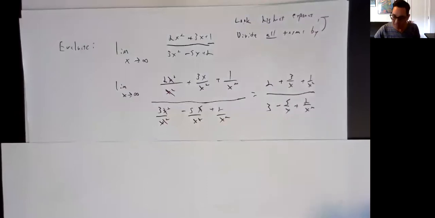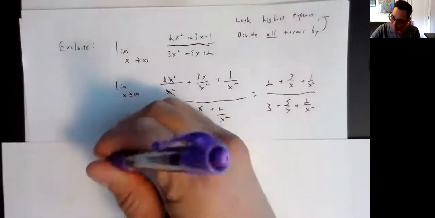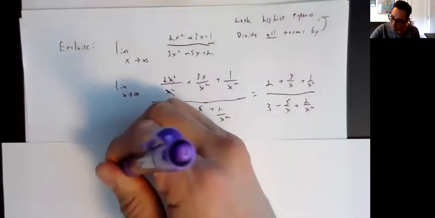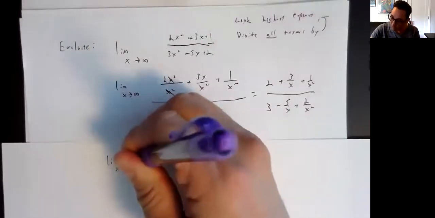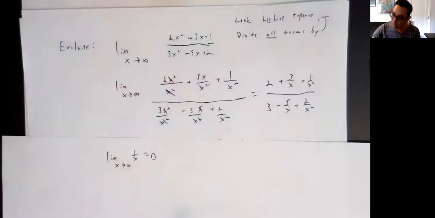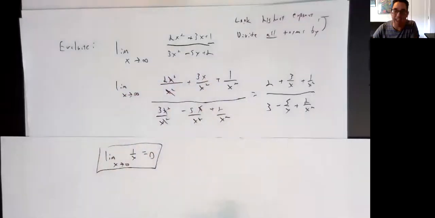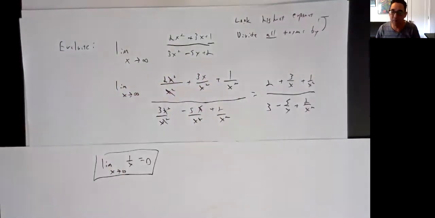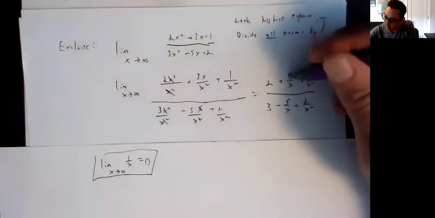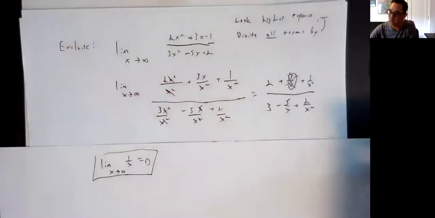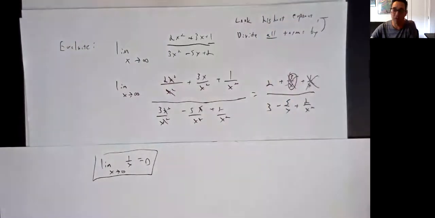But then here's the thing. Use that rule that I said earlier, that the limit as x goes to infinity of 1 over x equals 0. What that tells you is that anything with x in the bottom goes to 0. And so this part becomes 0. It goes away. This part becomes 0. It goes away. This part becomes 0.